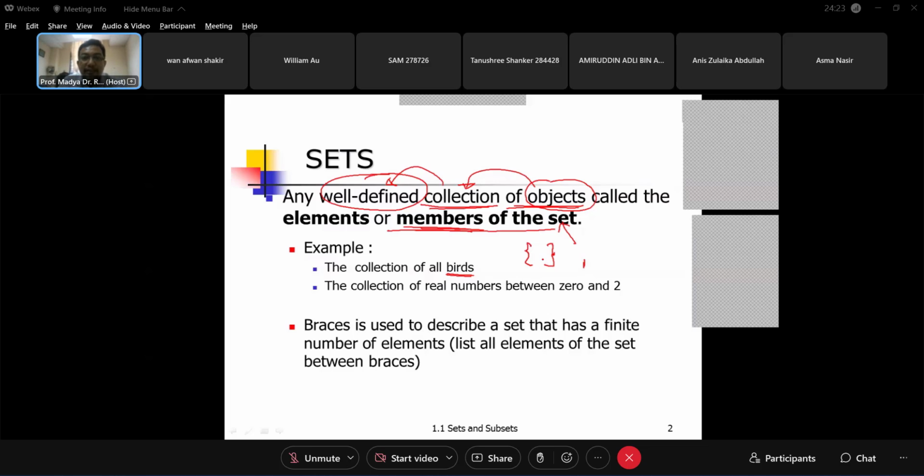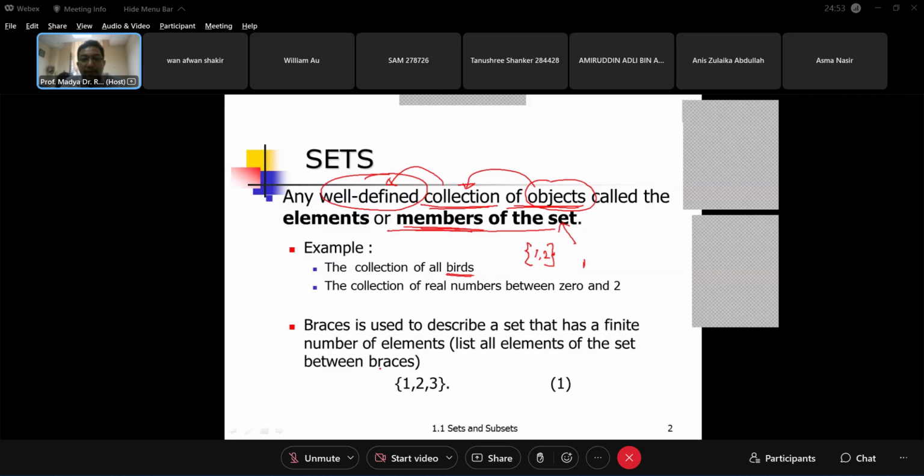Whatever is inside is a member. For example, 1, 2. So we have two objects in this set, and those objects are the numbers 1 and 2. So anything in this world that is a well-defined collection, we can represent through symbols.